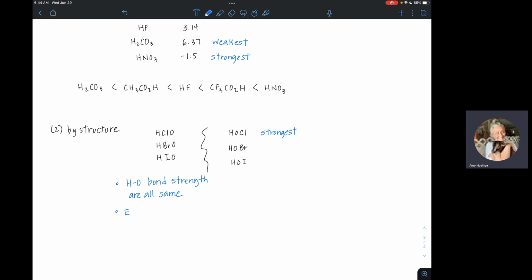The electronegativity of the halogen is not the same. Chlorine's more electronegative than bromine, which is more electronegative than iodine. So the partial positive charge on the hydrogen will be the smallest on hypoiodous acid.